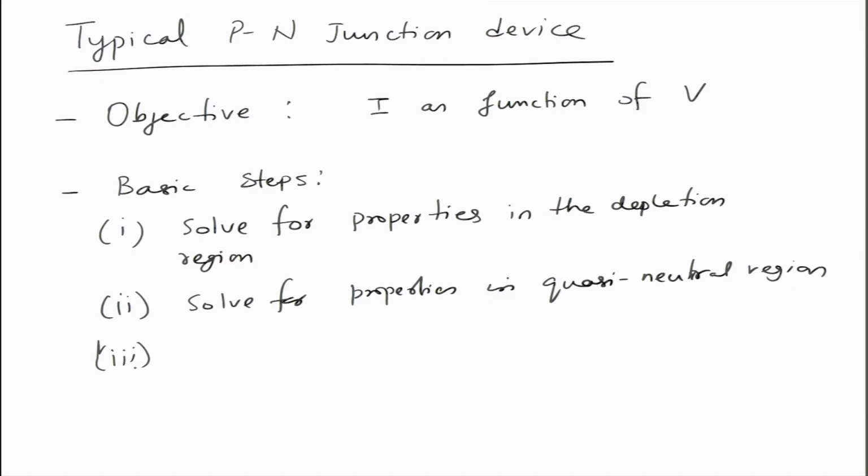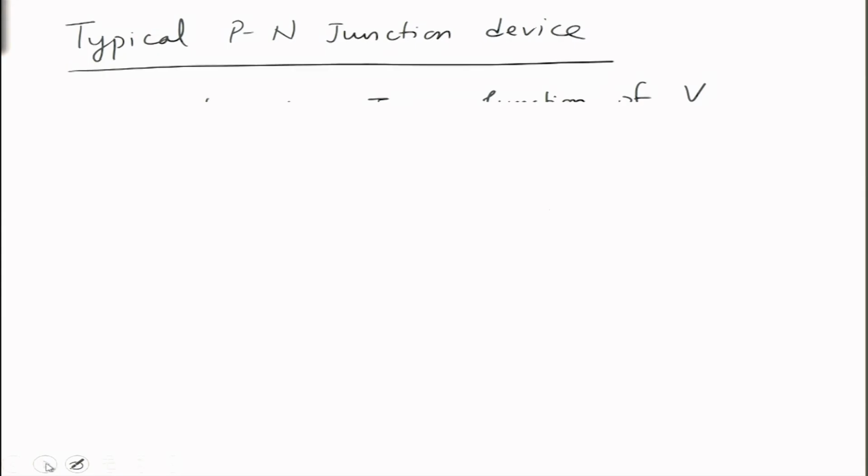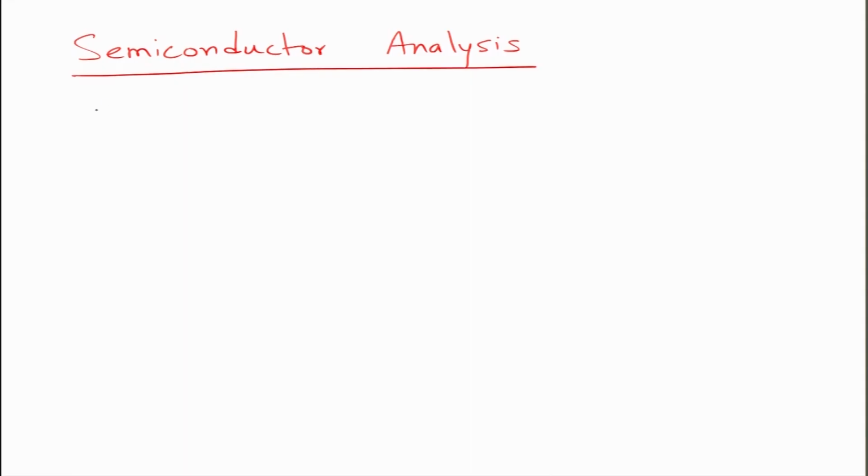And third is to find the total current, all right. So, this is how we go about it. So, let us first, when we do semiconductor analysis, there are three conditions that you have to follow.